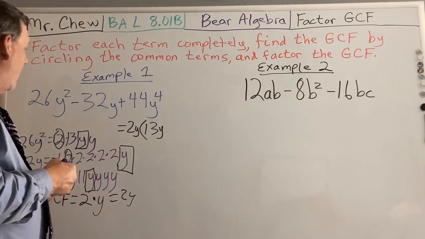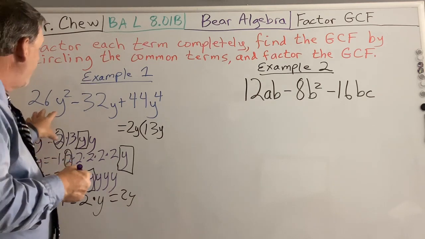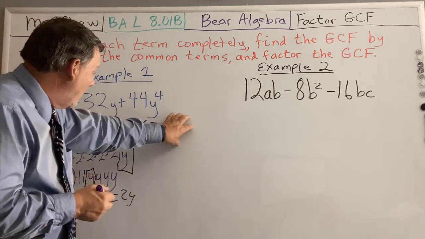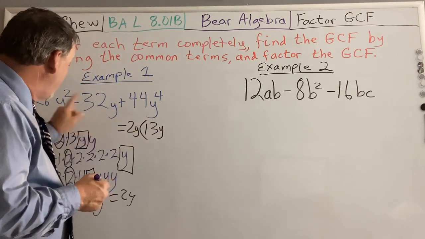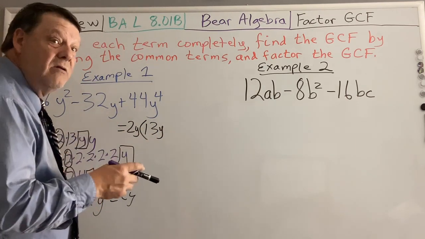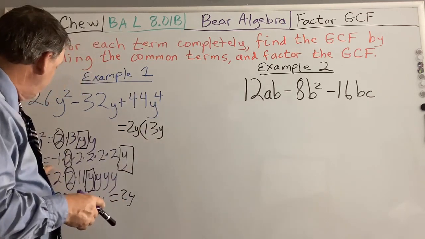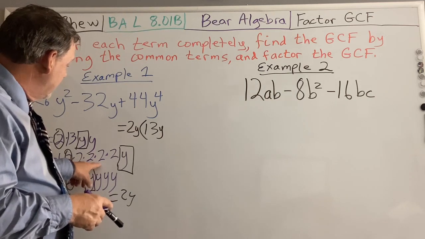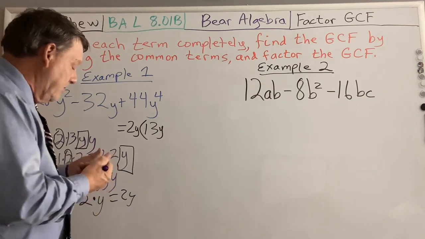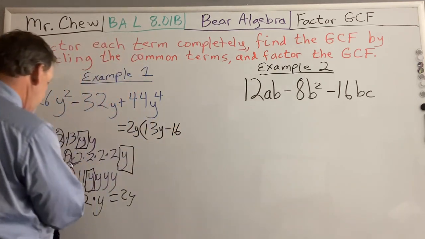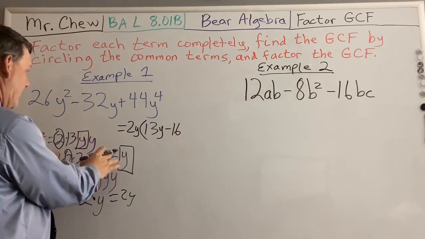Okay, so now I go to my next one, and if you don't know what 2y times what number equals negative 32y, you can look and see what hasn't been circled, and then multiply those terms. Negative 1 times 2 times 2 times 2 times 2 is negative or minus 16, and there's nothing else there.